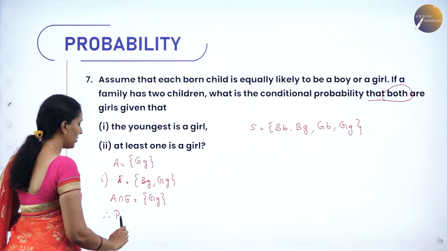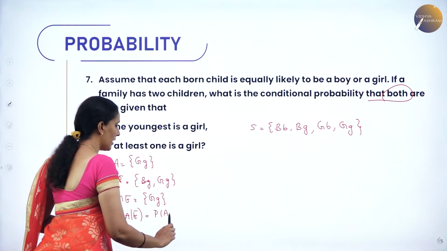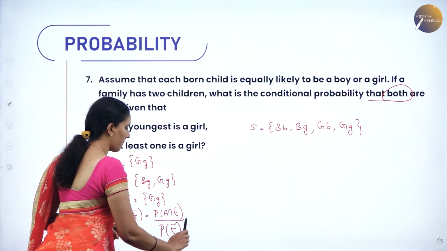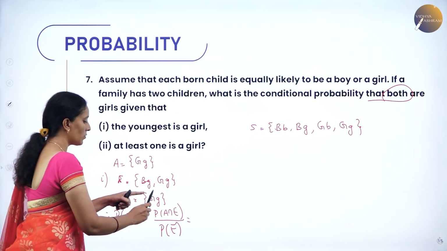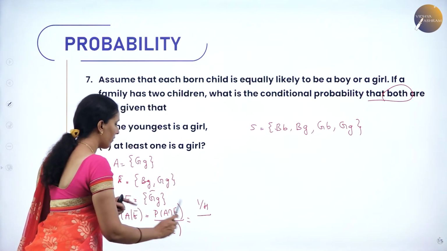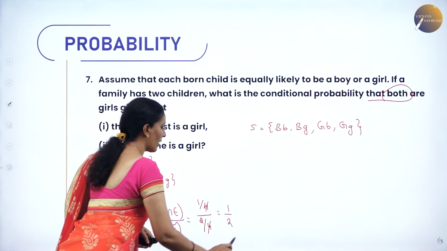Therefore probability of A given E is probability of A intersection E divided by probability of E. A intersection E means we have only one outcome out of 4 outcomes. So 1 by 4 divided by 2 by 4. So we get the value as 1 by 2.